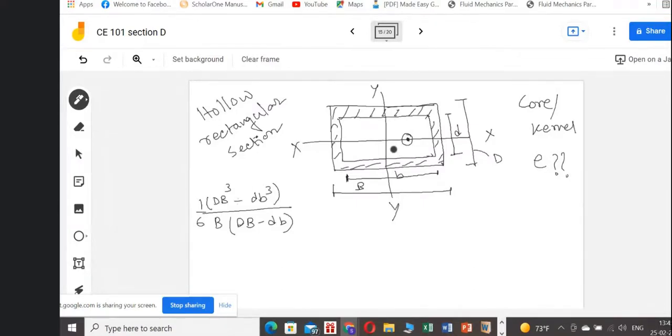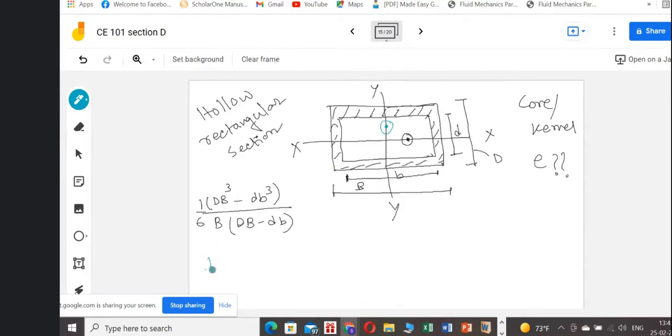You have to find out 2e, because here it is a rectangular section. Actually, very good, you have done it quickly. For the y-axis, sir.